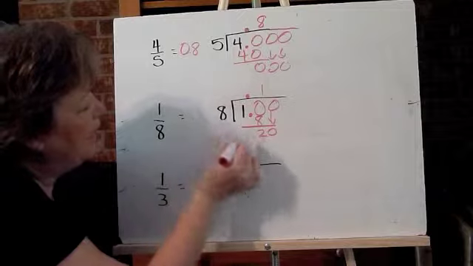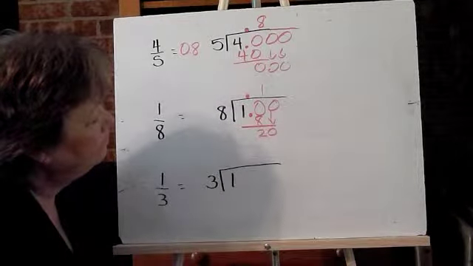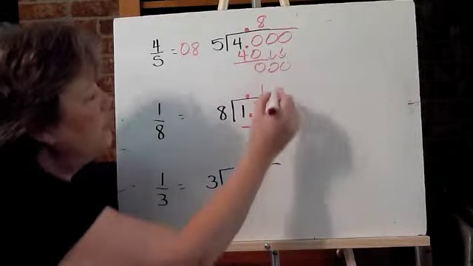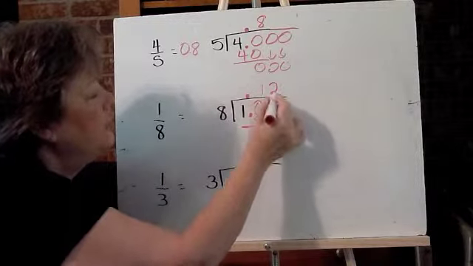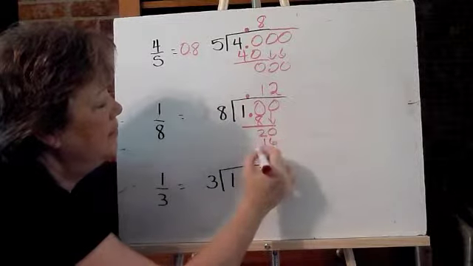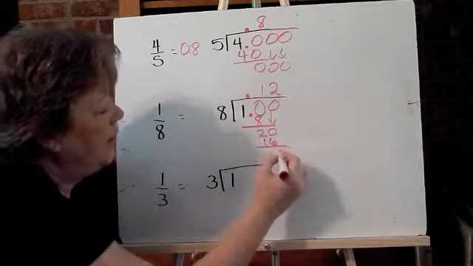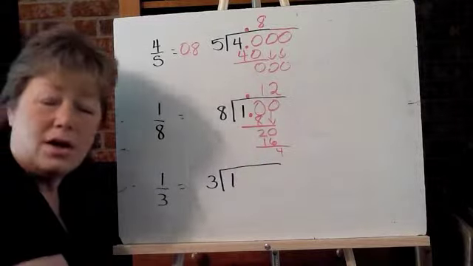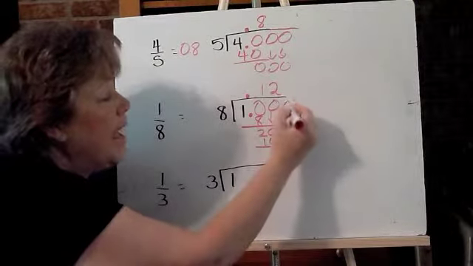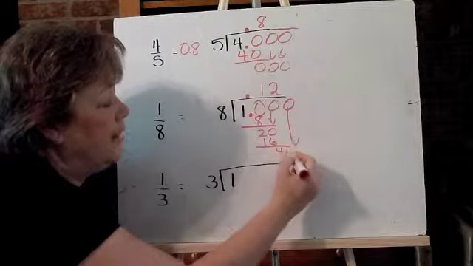So I'm going to say 8 into 20. That goes 2 times. 2 times 8 is 16. I subtract, I get 4. As long as I'm getting something here, I'm going to add another 0 and bring it down.